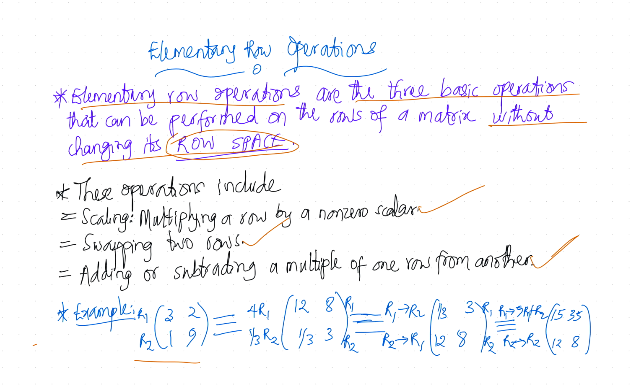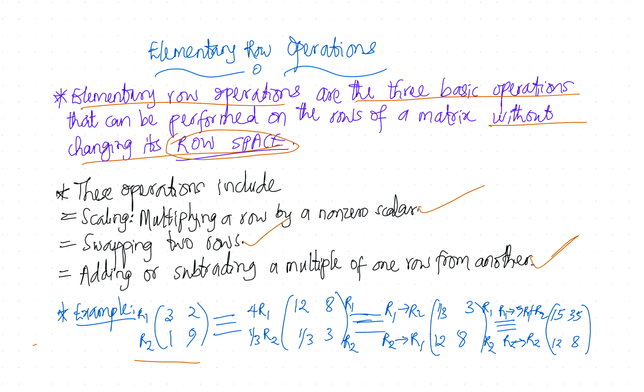Swapping will be about swapping two columns. And you can add or subtract a multiple of one column from another, so you can multiply a column by a number and add it to another one. It is the same thing you're doing with columns, and the matrices still remain fundamentally preserved.